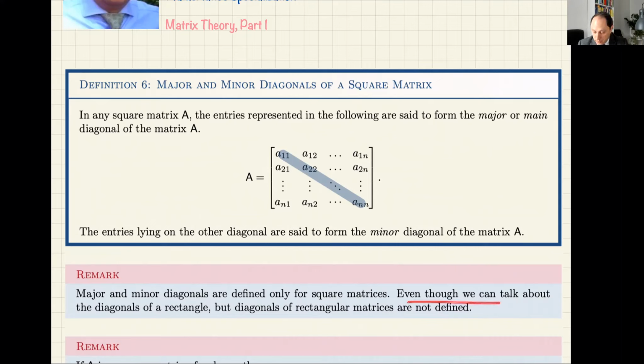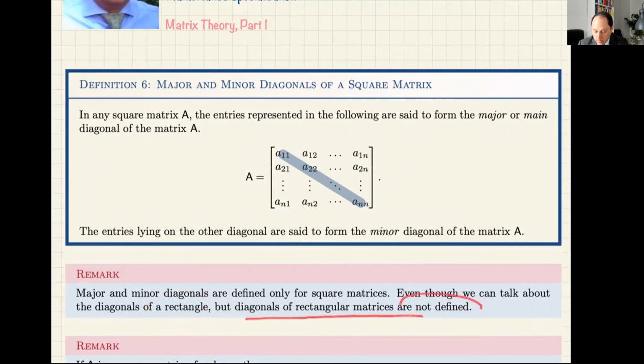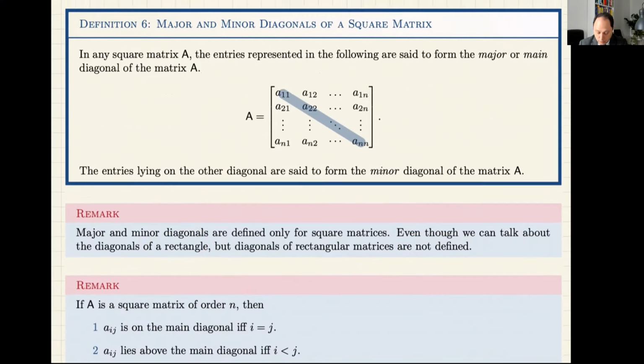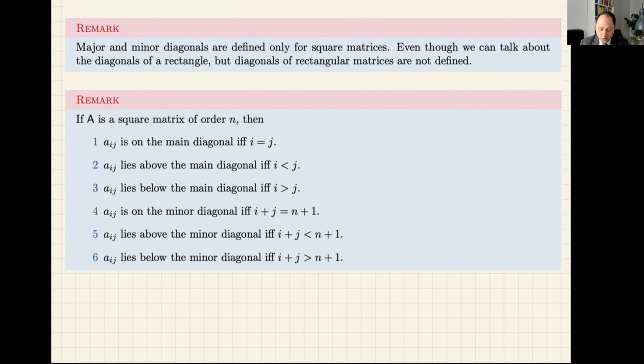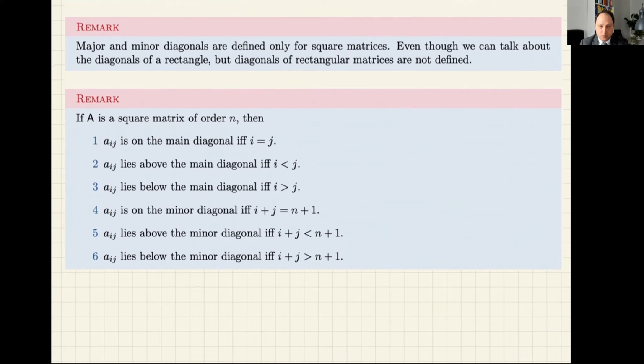So even though we can talk about the diagonals of a rectangle, diagonals of rectangular matrices are not defined. That's that remark. I'm not pushing you to memorize that, but by writing this as a remark, I want to draw your attention to it.